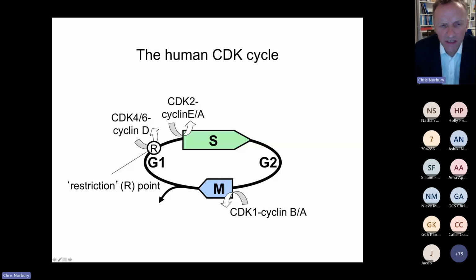It's this restriction point that is particularly relevant to the cancer problem, because we know with a high degree of certainty that cancer cells very often lose this restriction point control. So the reason they're generating more cells is because they're constantly committing to a new cell cycle, even when that's inappropriate. And that process of commitment to a new cell cycle is thought to be catalyzed by a cyclin-dependent kinase called CDK4 or CDK6 in collaboration with a cyclin protein called cyclin D.